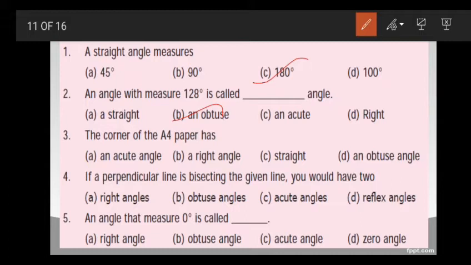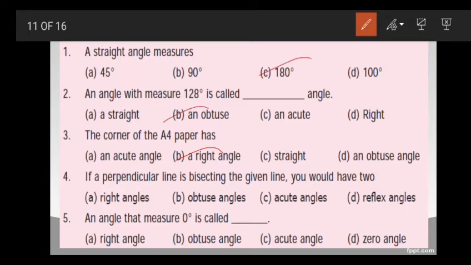The corner of an A4 paper is dash. So an A4 sheet of paper will be of dash shape. It will be of rectangle shape and the corner will be having 90 degrees. In a rectangle all the angles are right angles. So the corner of an A4 paper is a right angle.